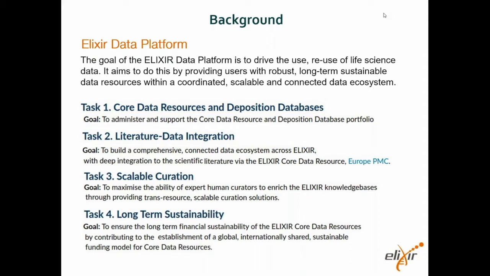In that sense, tasks 1 and 4 are more administrative and outreach support aspects. Tasks 2 and 3 are more technical in nature, where we are talking about how to connect data, how to represent data, and generally make a data workflow that will assist the large user base that ELIXIR has.